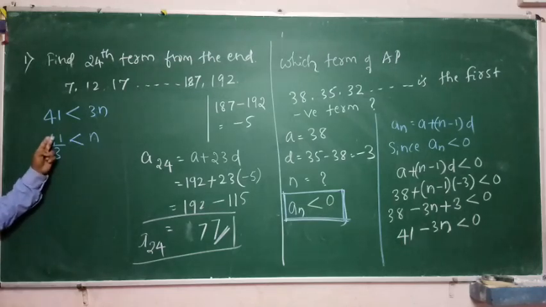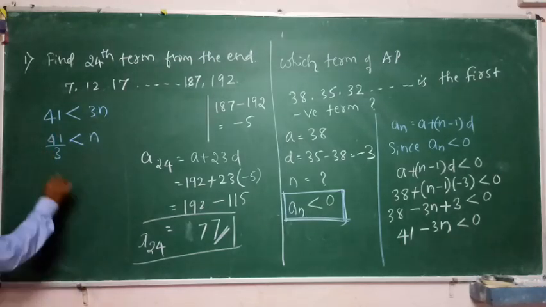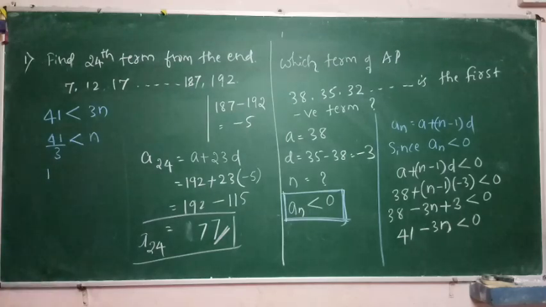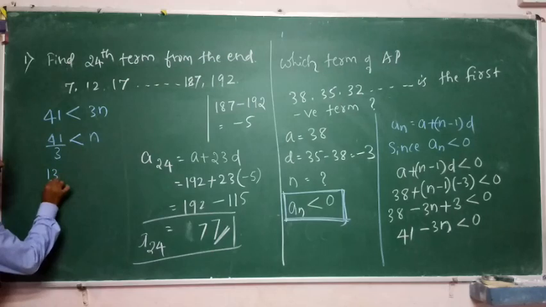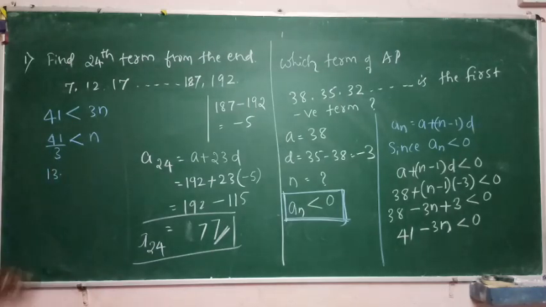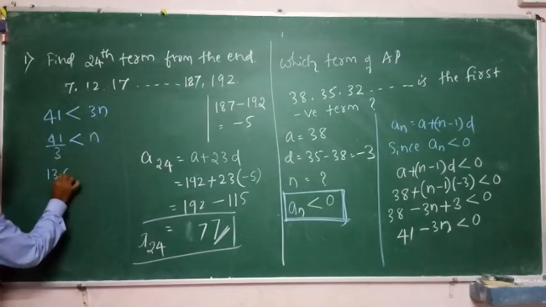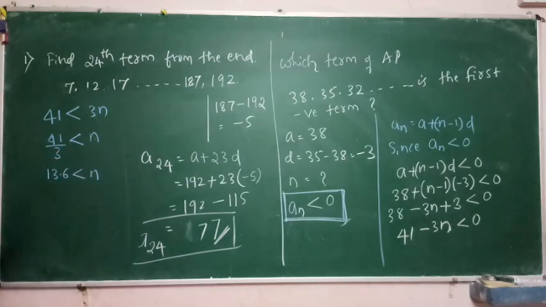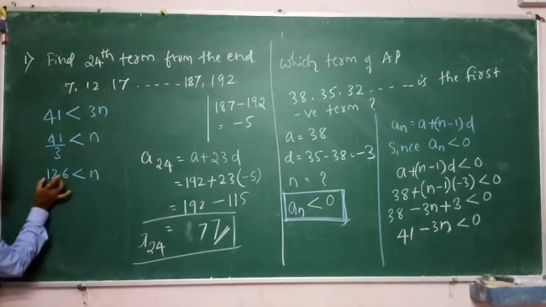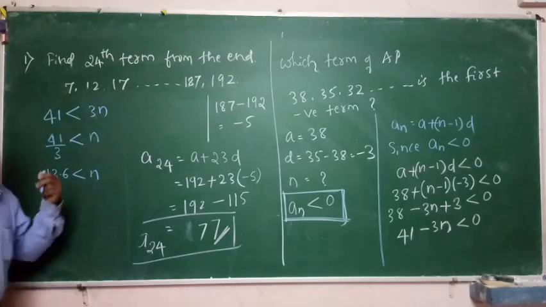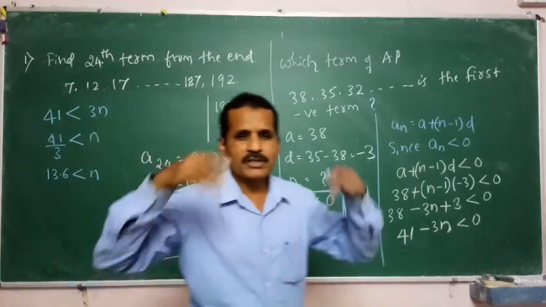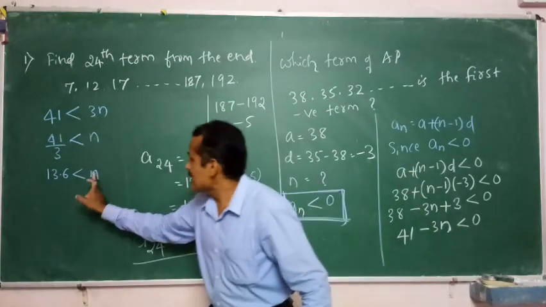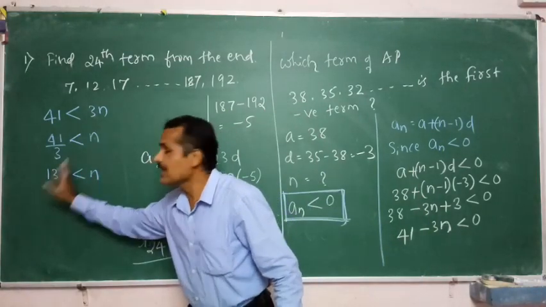Convert into decimal. 3 ones are 3, 1 is left out, 11, 3 threes are 9, point something, about 13.6. That means, my dear children, listen very carefully, n must be greater than 13, whether 13.6 or 13.4 or 13.1, immaterial. I can say n is greater than 13.